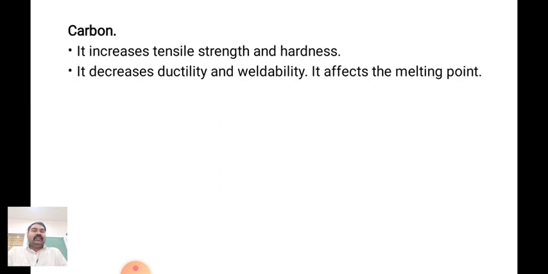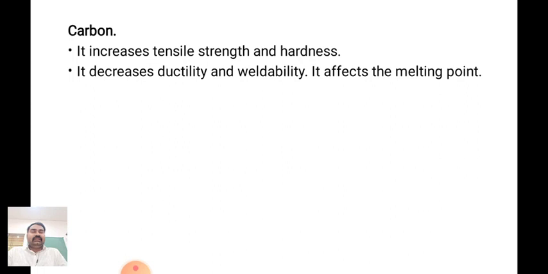As we are increasing the percentage of carbon, the hardness and brittleness of the steel will increase. Then ductility, malleability, weldability and machinability, all 4 properties will decrease by the addition of carbon, because carbon is the toughest and hardest phase in the steel.